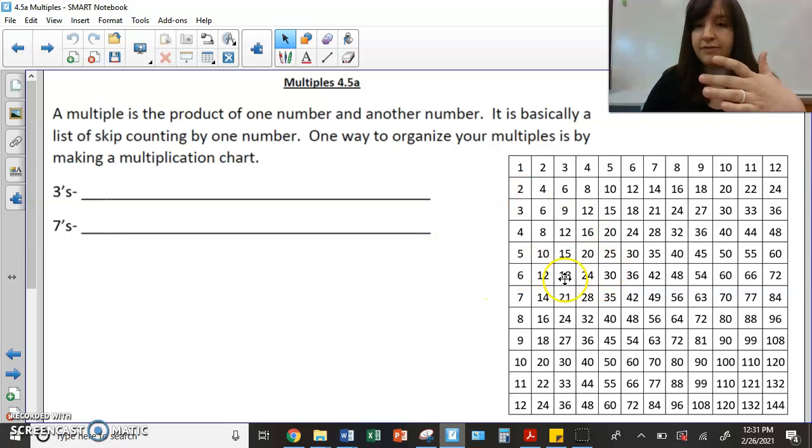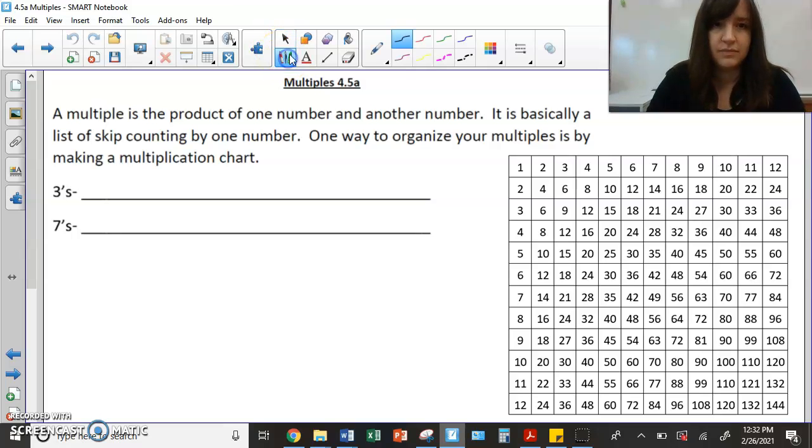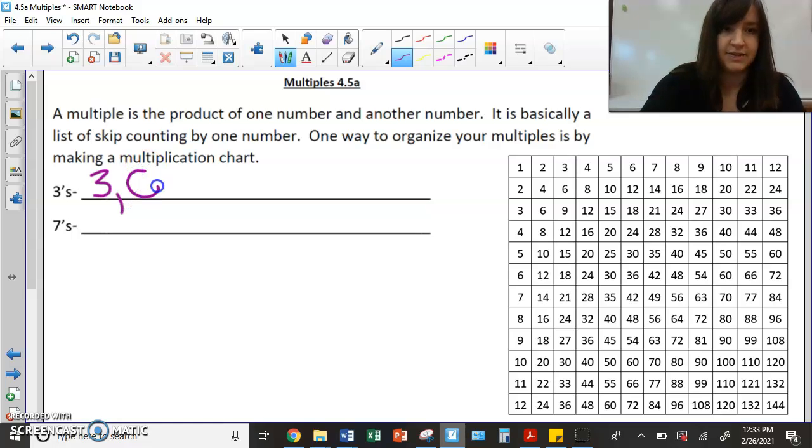So you can find your multiples just by skip counting by that number, and a multiplication chart already has all of that information for you. So we're going to go ahead and list out our multiples of 3s and 7s. So let's start with our 3s right here. I'm going to start with my number 3, and then skip counting by that number, I'm going to say 3 more. 3 more than 3 is 6.